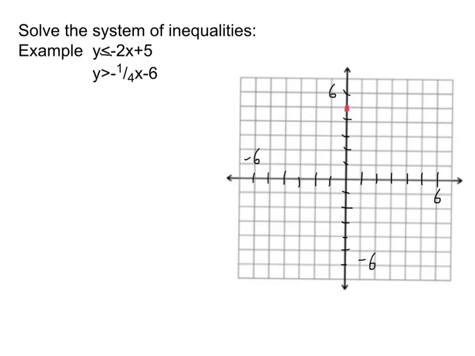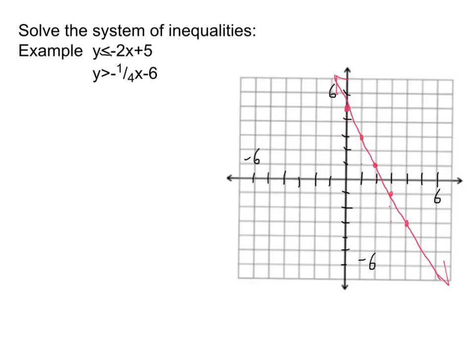And then it has a slope of -2, so that means rise over run, so rise -2, or go down 2, run 1. So there's my next point, down 2, run 1, and again, down 2, run 1. It does say equals, so this is going to be a solid line. So I'm just going to draw that solid line.